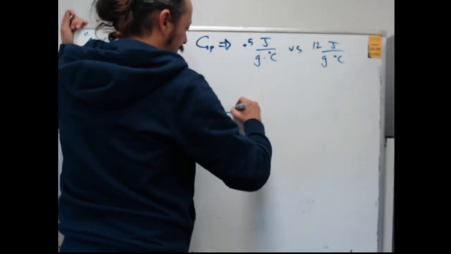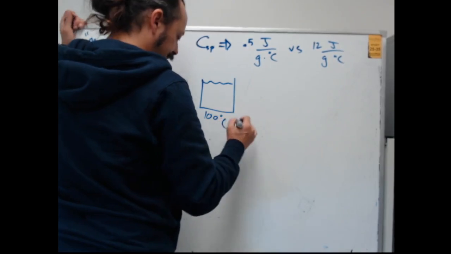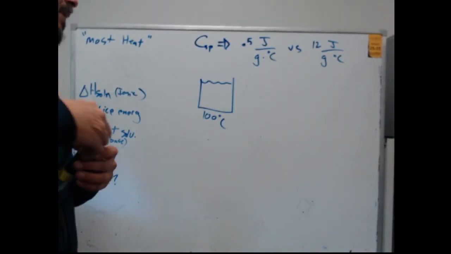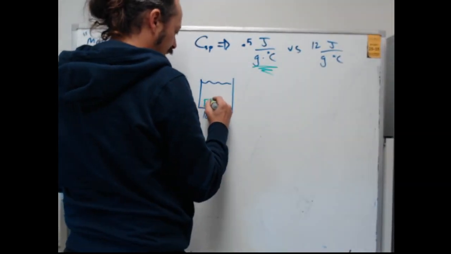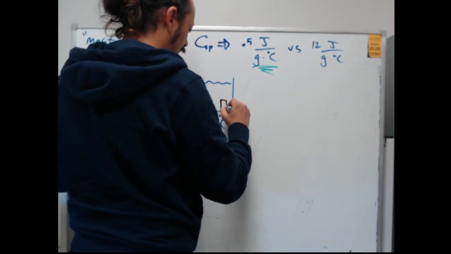Here's how I think about it. If I've got a beaker that's at 100 degrees Celsius, and inside that beaker I've got two different pieces of metal. We'll make the green one the low heat capacity, make the black one the high heat capacity.